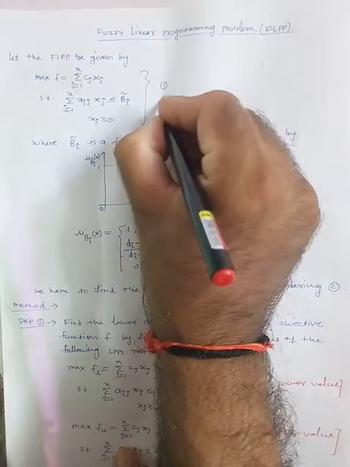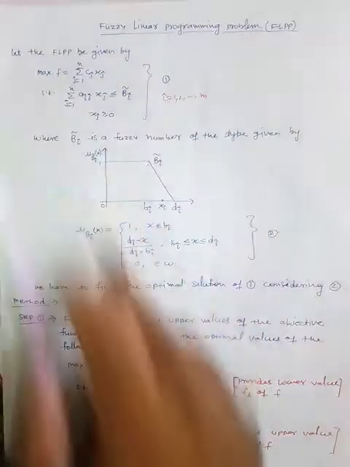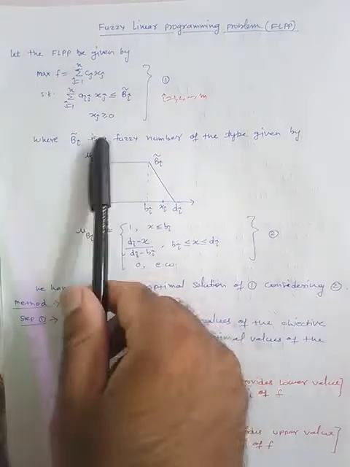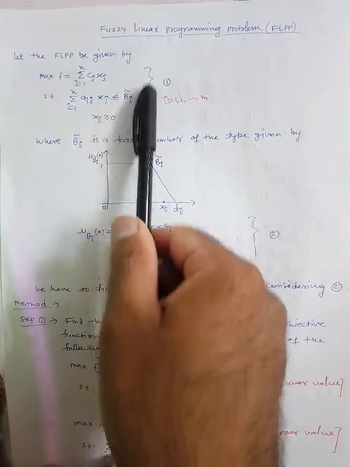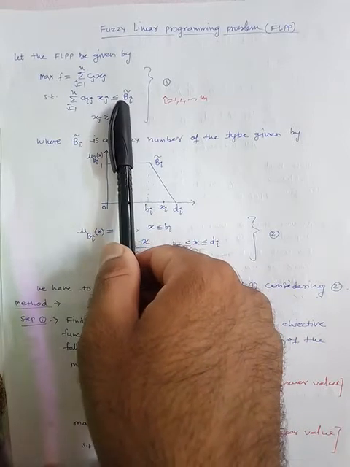So we have m constraints, and here bi is a fuzzy number.